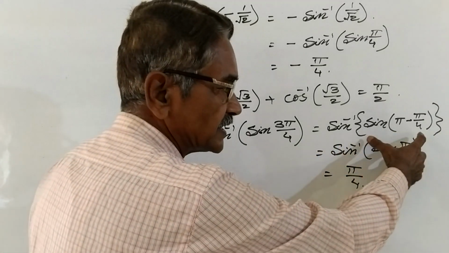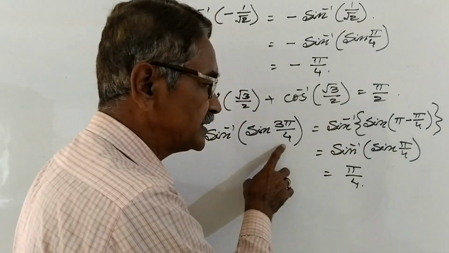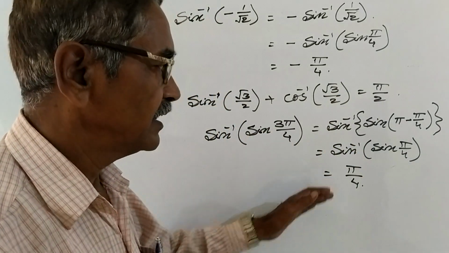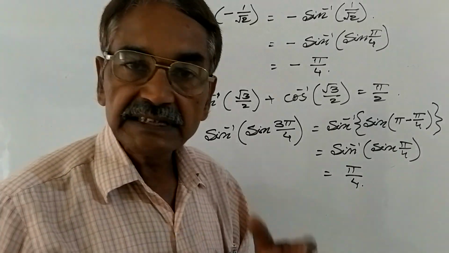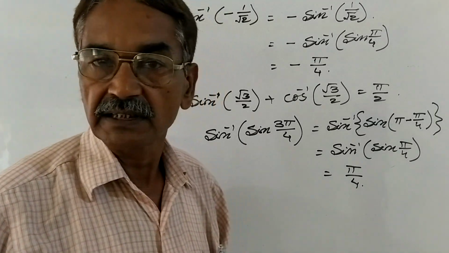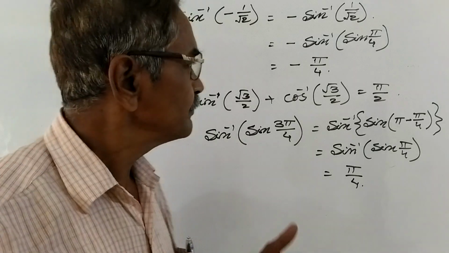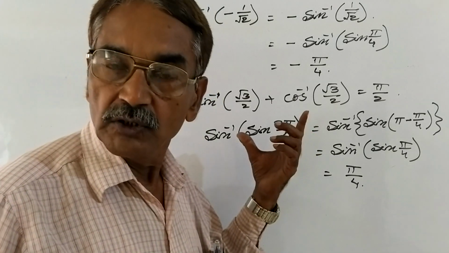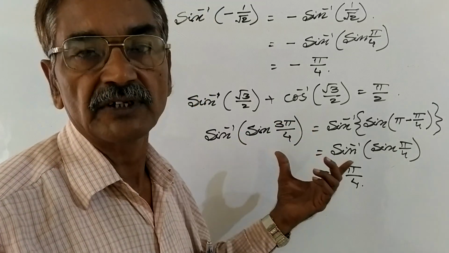Hence we have to change it to bring it within the limit and then write the answer. This is the basics about inverse trigonometry. In the next video I will be sending the questions on inverse trigonometry.